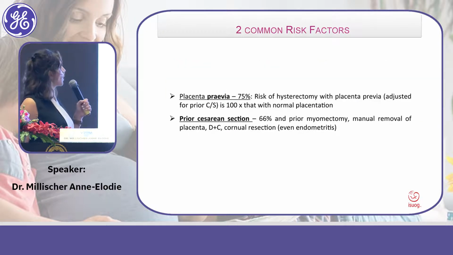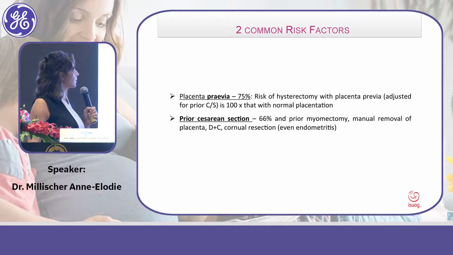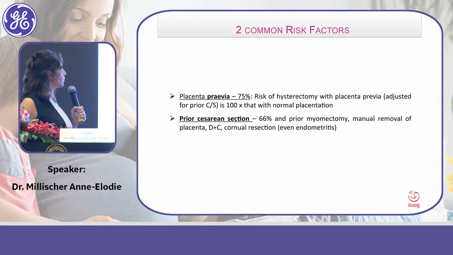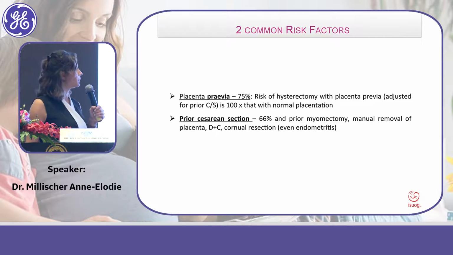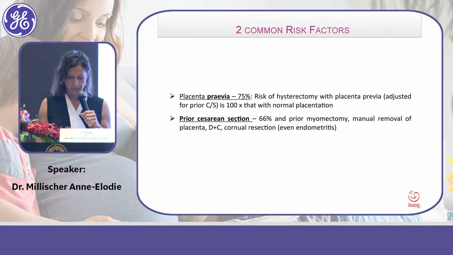The second common clinical risk factor is the prior cesarean section. Và cái yếu tố nguy cơ thứ hai là thai phụ này đã có một cái tiền căn mổ lấy thai từ trước. But you could have myomectomy or other surgery inside the uterus. Có thể đó là có một cái xẻ tử cung, hoặc là có một cái phẫu thuật gì trước đó mà đụng tới tử cung.